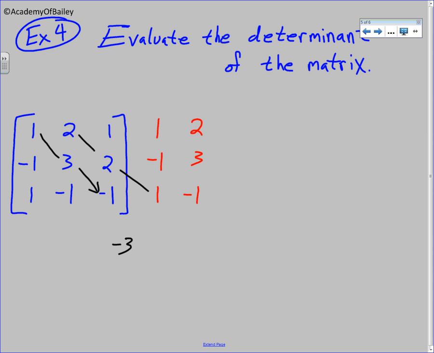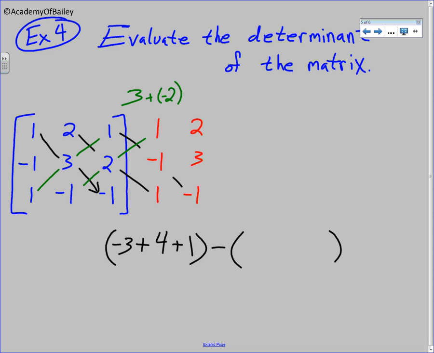Multiply all three of those, and we're going to get 4. And all three of those give us 1. Let's look at the ups. Multiply all three of those, and we're going to get 3. Negative 1 times 2 times 1, negative 2. And multiply these. Negative 1 times negative 1 is 1, times 2 is 2.